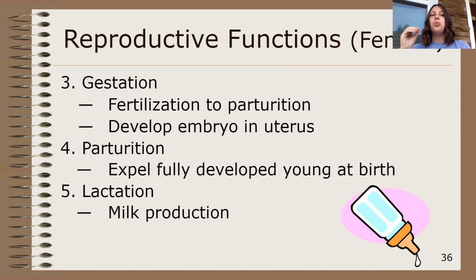When this process starts, when parturition starts, it triggers other hormones in the female's body to say, the baby is on the way. We need to feed this baby. So the female's body is going to start producing milk so that when the baby is coming and when the baby is out, that baby is able to get that colostrum. If you remember when we talked about colostrum last class, colostrum is that first milk that the baby gets.